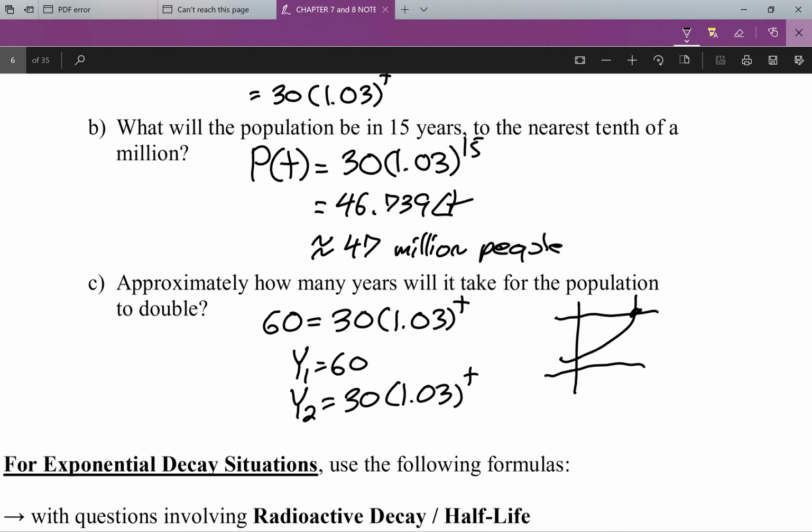If you have to change the window value, go for it to find out what the answer is, but then we go second, trace, intersect, and we get that the answer is approximately t will equal 23.45. So after approximately 23.45 years, the population will double.